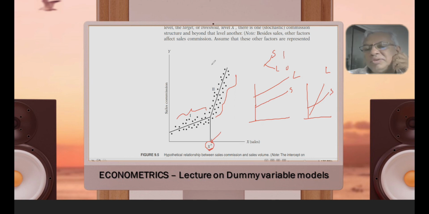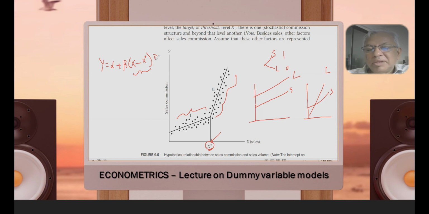And that's when we also use a dummy, and we create this modeling technique where we define y is equal to alpha plus beta times x minus x star. I'm giving an example. x minus x star is my new dummy.